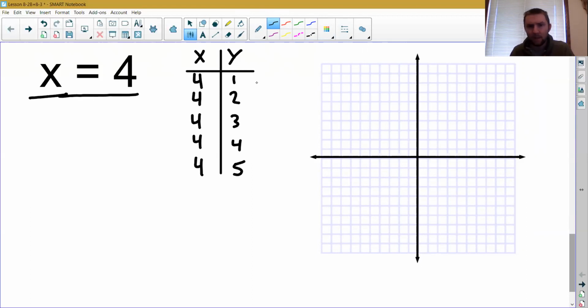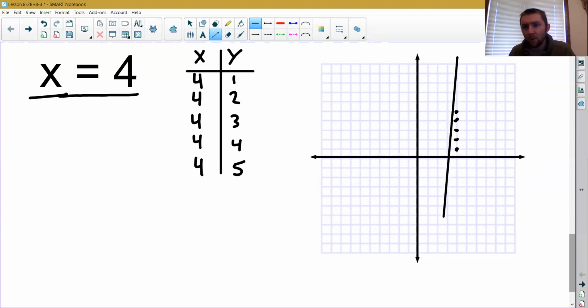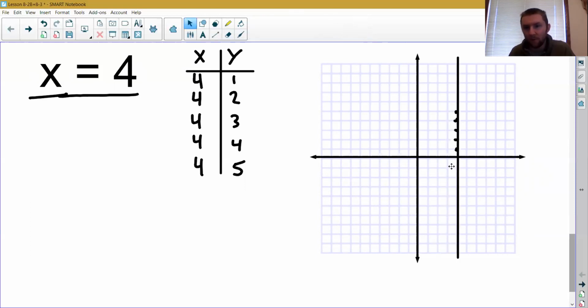So if I plot these points, 1, 2, 3, 4, I've got this point, this point, this point, this point, this point. Notice when I connect them with my straight line, it is a perfectly vertical line at the x value of 4. Okay, so I'm going to try to get that a little more down the center. There we go.